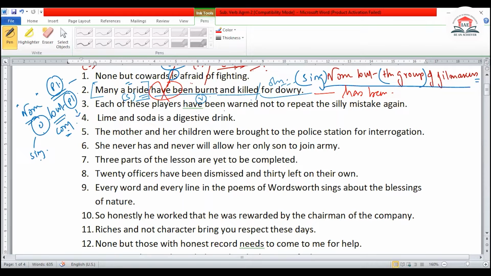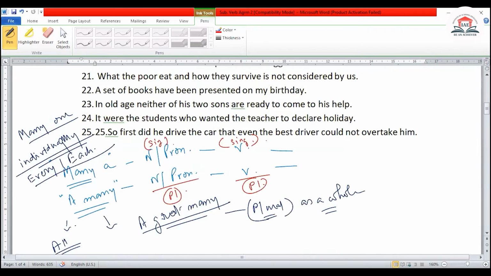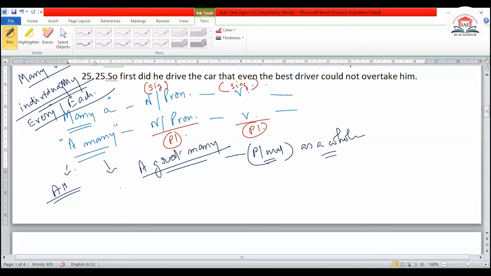Each of these players have been warned not to repeat the silly mistake again. See, we have already discussed, each means singular.